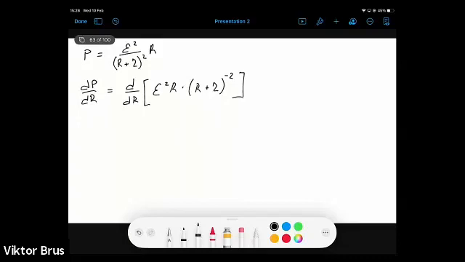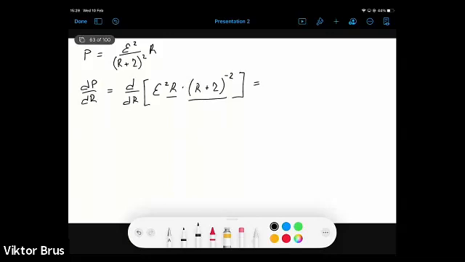Okay, so now we need to take the derivative, and actually what do we have here? Here's this function when we consider P as a function of R. So here we have a product of two functions. We have R and we have R plus internal resistance in the power of -2. So we need to apply the rule for the derivative of a product of two functions.